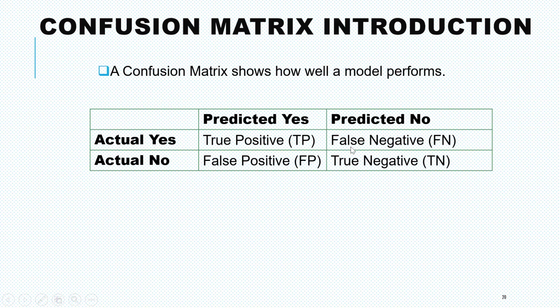But it gave us a false and a negative response. So it is a false negative. Now, if the actual is no and the predicted is also no, no is a negative response, but the answer is true because we were expecting no and it gave us no. So it is called a true negative.